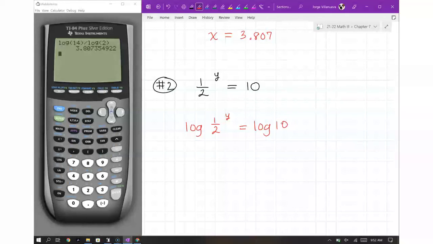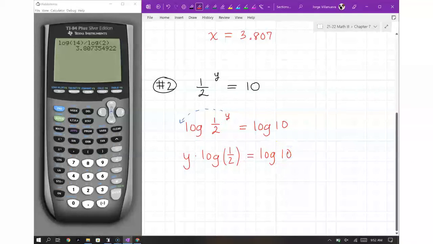Okay? Now, because of the properties of logs, I am able to get this y power in front of the log. So I'm going to write y times log of half is equal to log of 10. By the way, there is a property that tells us that log of 10 is equal to 1, but if you don't know that, don't worry about it. Your calculator will.